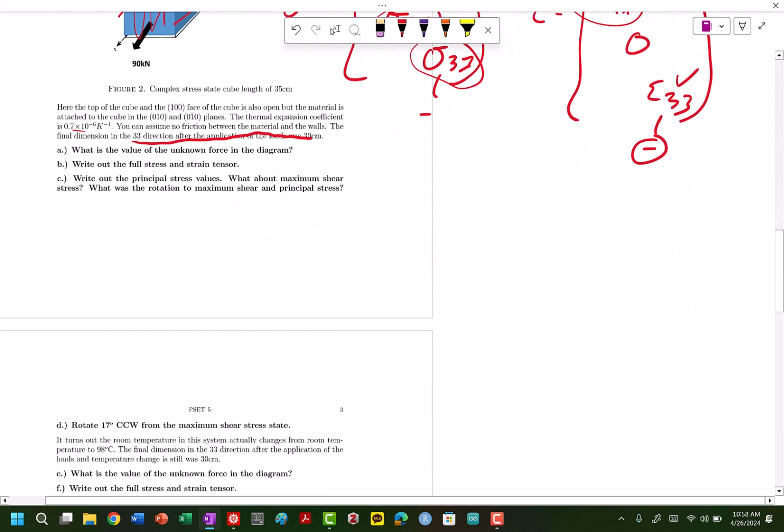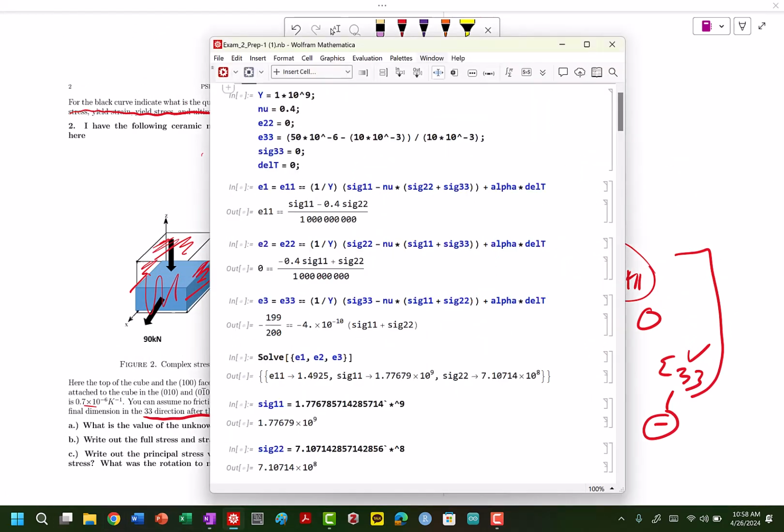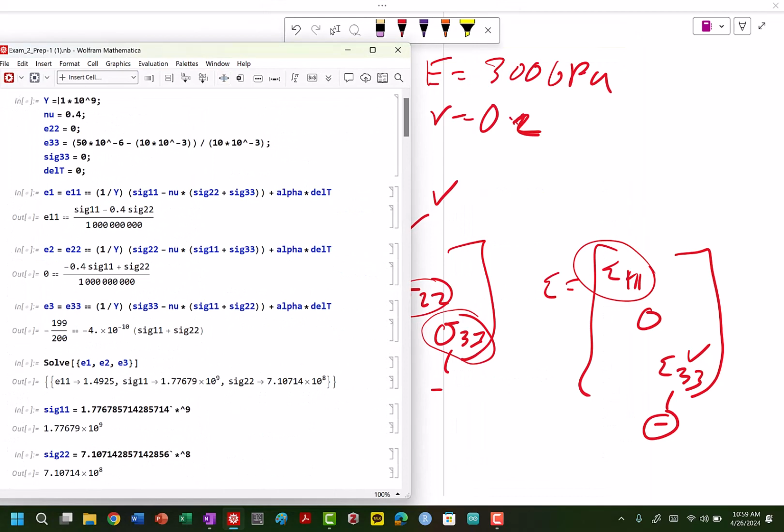So let's go ahead and find the unknown force. Let's solve for all these stress and strain tensors. So now let's put it in here. I am going to use this notebook. So now I have my Young's modulus is this. My nu is going to be 0.2. My strain in the 2-2 is 0.